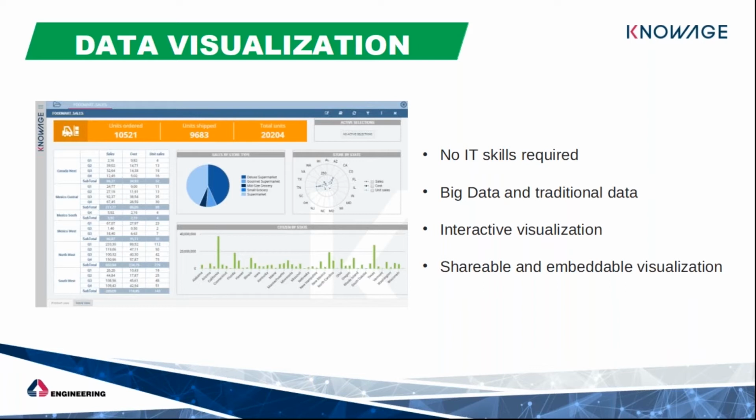We can be interested in plotting and visualizing data, accessing big data and traditional data in general. We are interested in interactive dashboards, and in sharing and making the dashboard embeddable in other products.